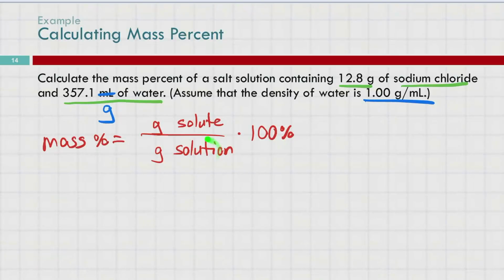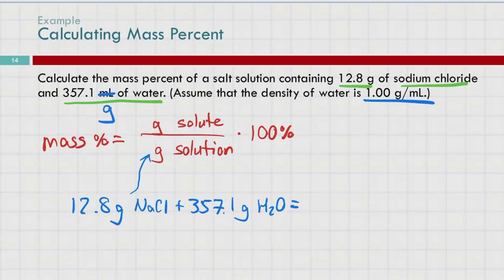The mass of our solution, the grams of our solution, is going to be the sodium chloride, that's our solute, plus the water. So 12.8 grams sodium chloride plus 357.1 grams H2O.